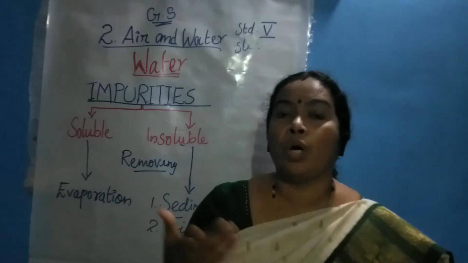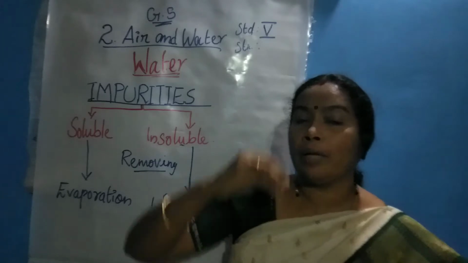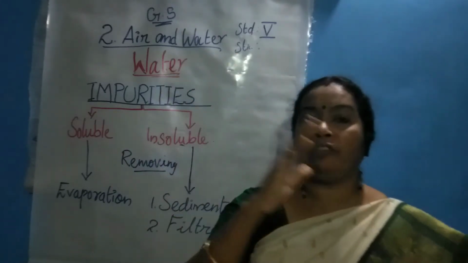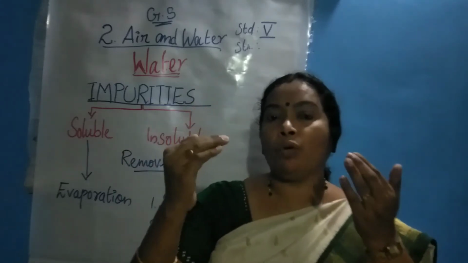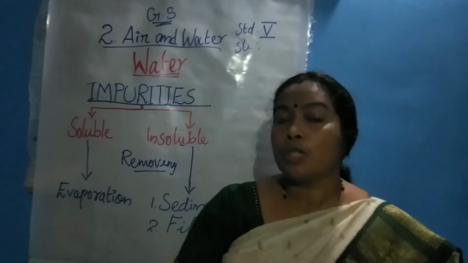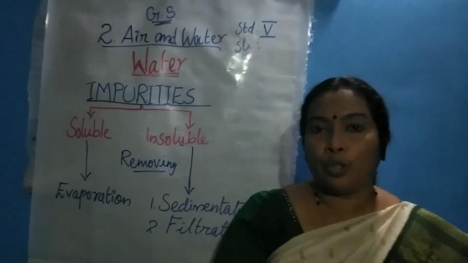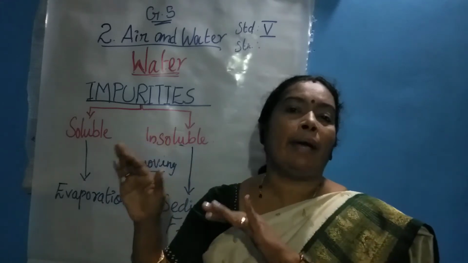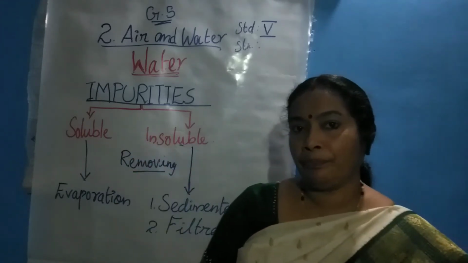We make the water boil and it becomes water vapor, and we collect the water vapor and cool it to become water again. Like that we collect the pure water, and the dissolved impurities remain in the vessel.